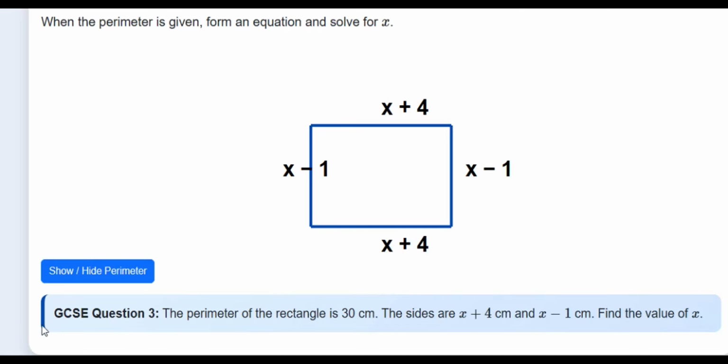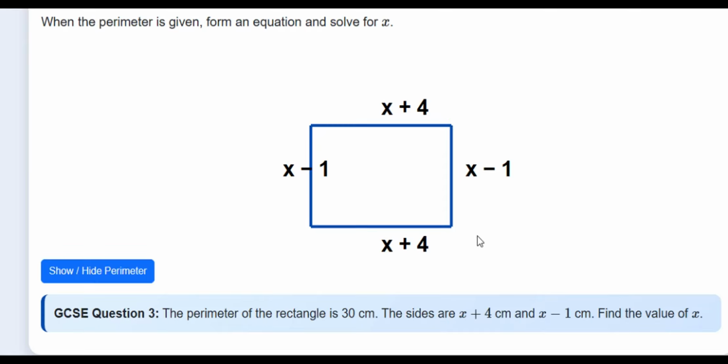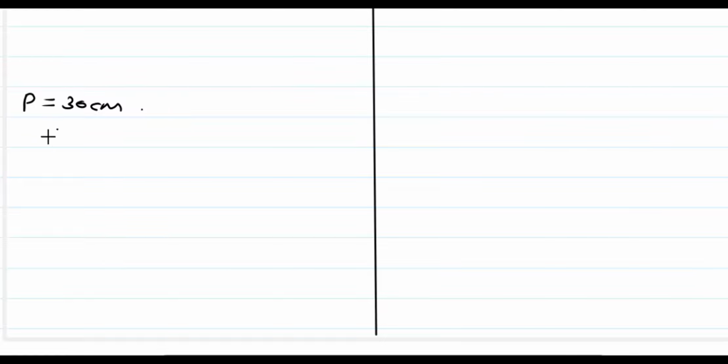So from there, here and now we have the perimeter P of that question is 30 centimeters. Then from there, you are told a side here, I can just call it side A, is x plus 4.